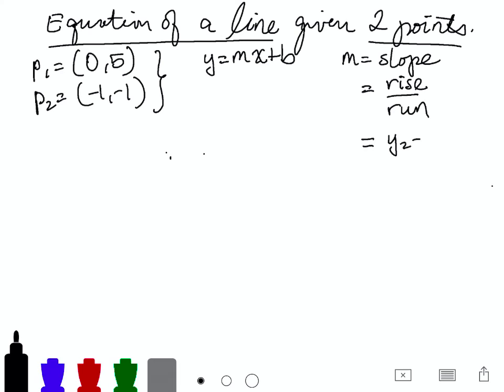So y2 minus y1 over x2 minus x1. What's y2? It's negative 1. And y1 is 5. x2 is negative 1, and x1 is 0. So we have that the slope equals negative 6 over negative 1, which is 6.